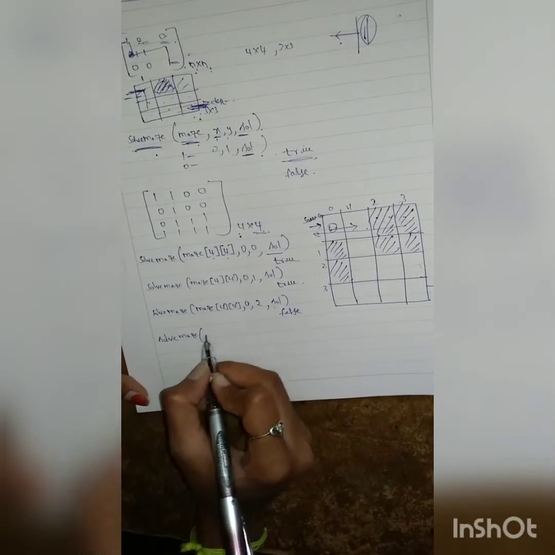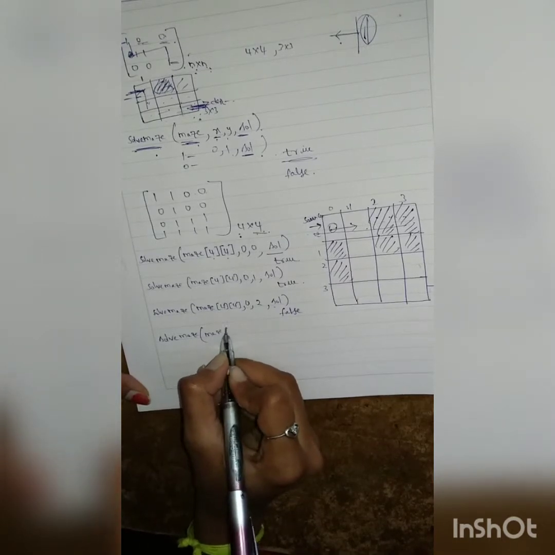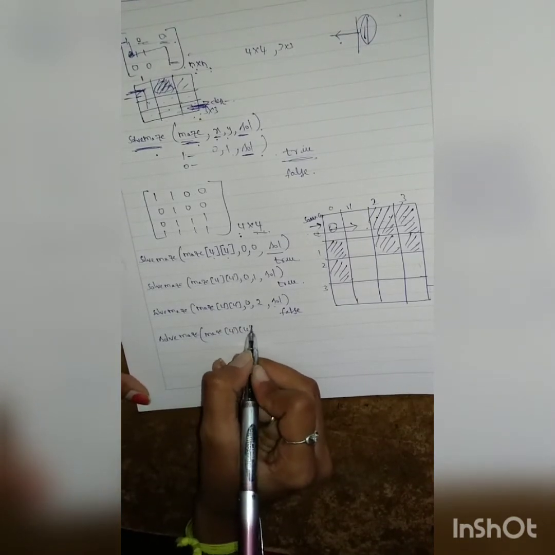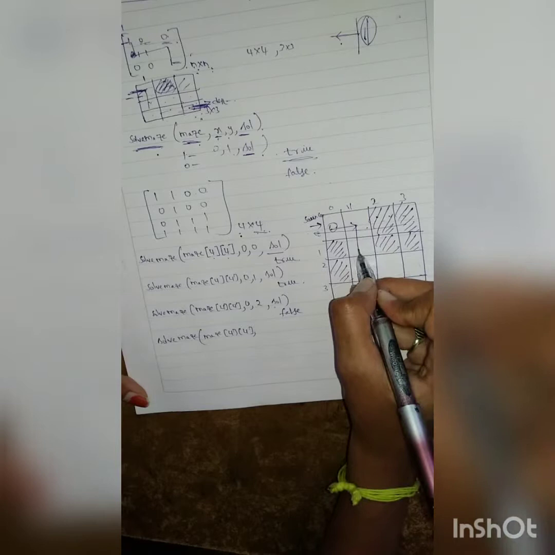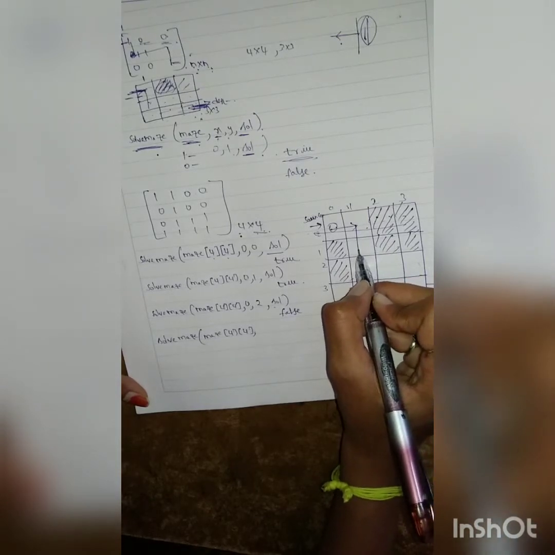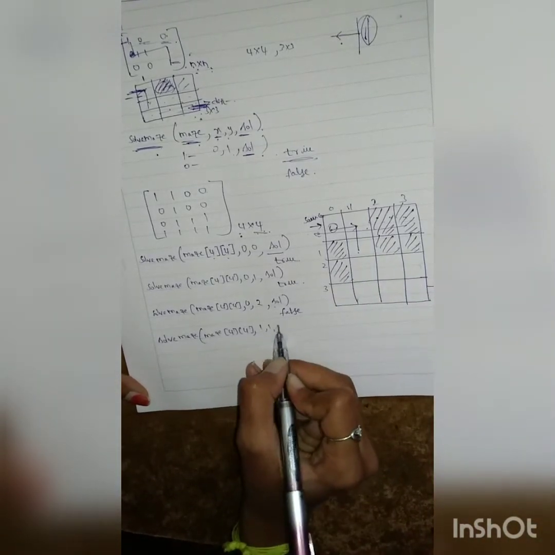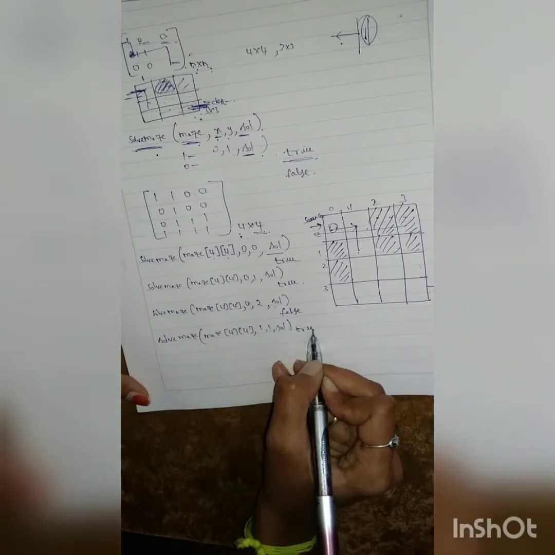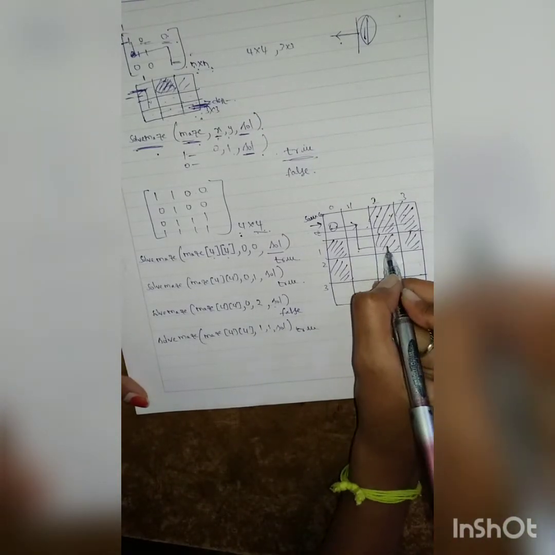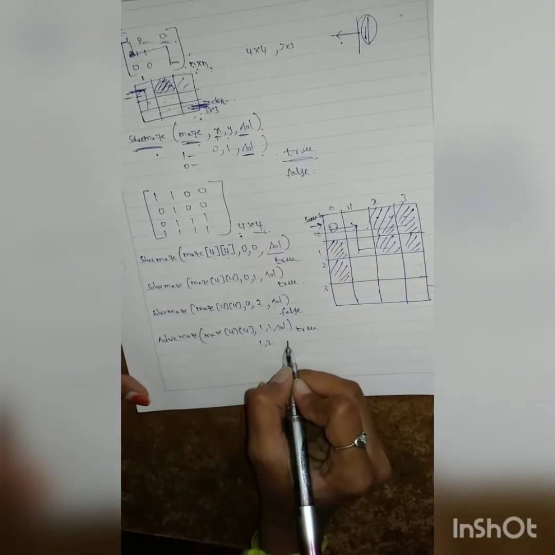So it goes down. Maze 4 4. It goes down to 1 comma 1. Solve true. It goes to 1 comma 2. It returns false.